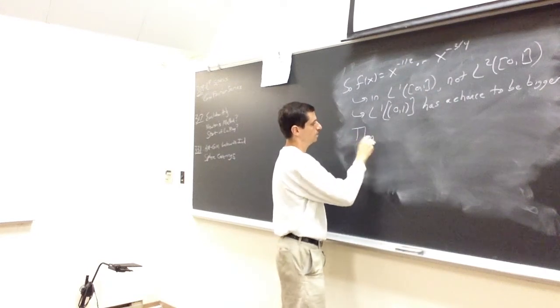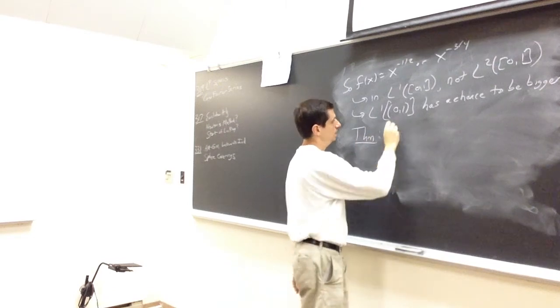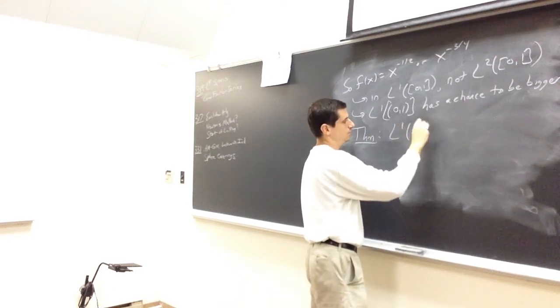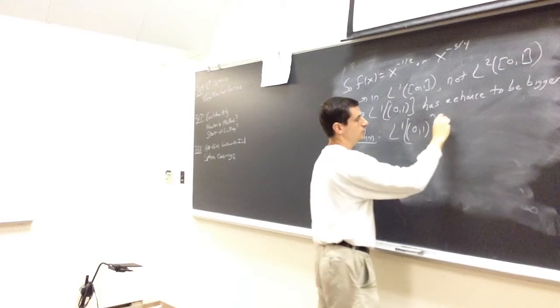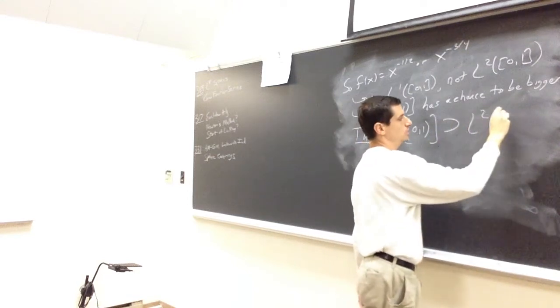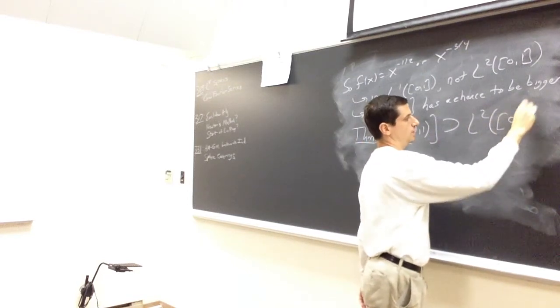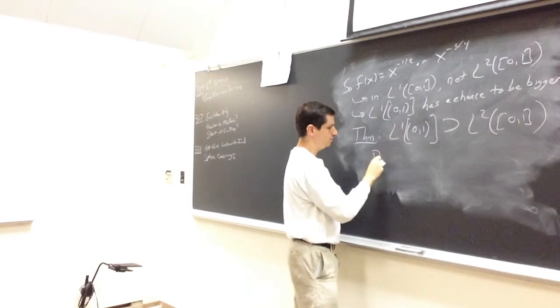So theorem: L1 of 0, 1 contains L2 of 0, 1. And the proof is actually one line.